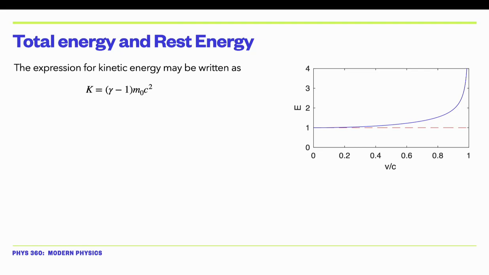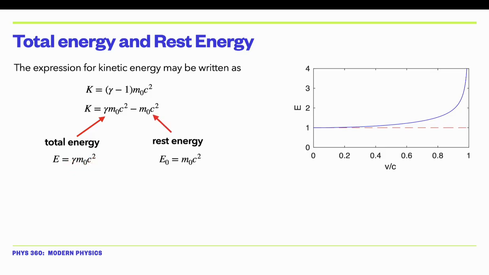Okay, so let's look at this expression for kinetic energy again. We're going to distribute the mc squared through there, so we'll get gamma mc squared minus mc squared. This first term is called the total energy in relativity. So we're going to define the total energy, E, as gamma mc squared. The second term we're going to define as the rest energy, just mc squared.